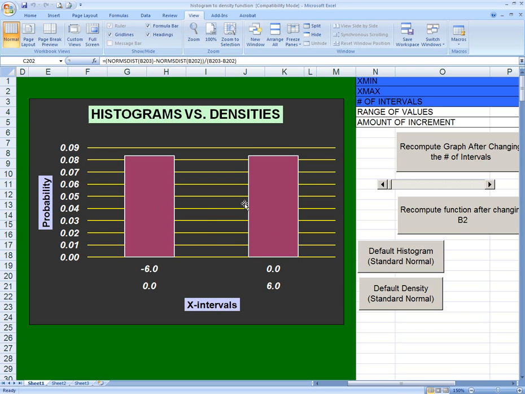If you're looking at this histogram, you would say these two bars have the same weight, the same size, and therefore, if this represents a set of measurements, I have equally many measurements between -6 and 0, and between 0 and 6. Now what I have already done is scaled this whole thing in such a way that the total area of the bars, if you measure width times height, is going to be one. That is something that we're going to see on the next few slides and panels also.